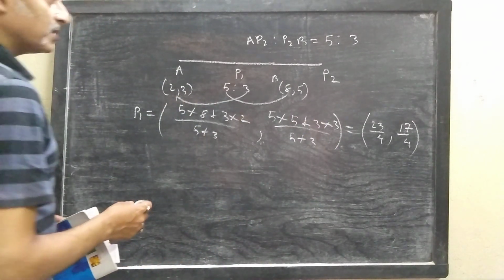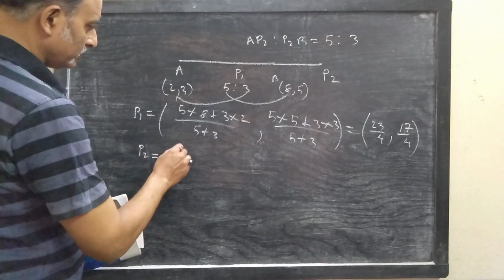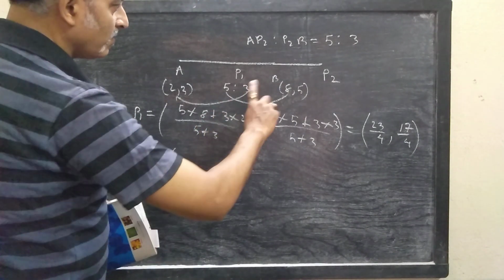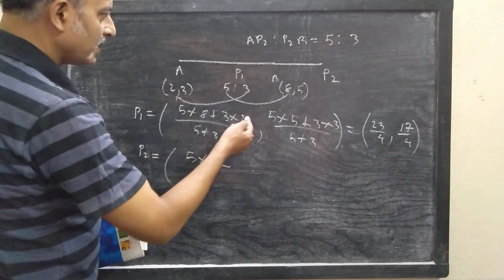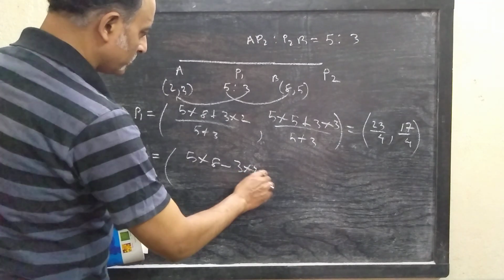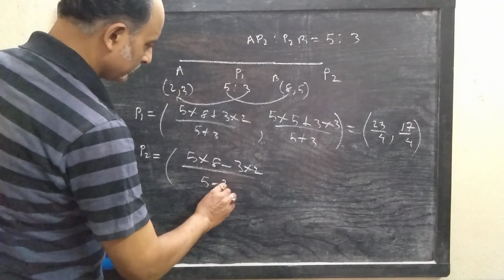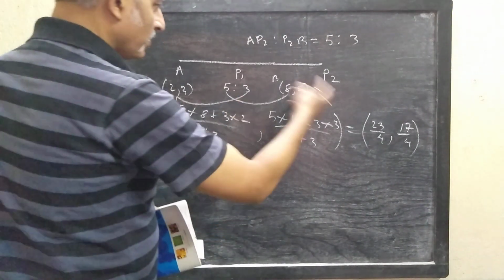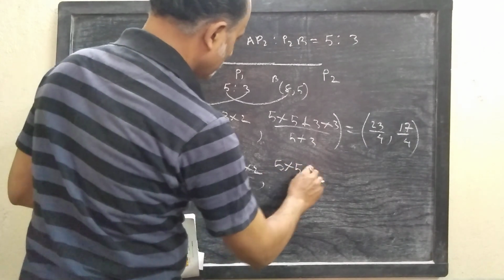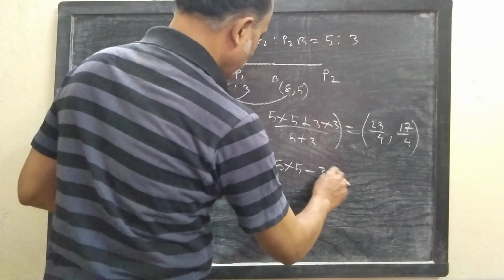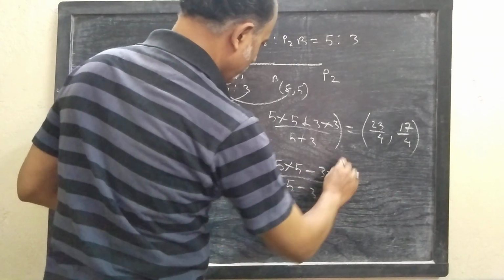Then what will be the coordinates of P2? P2 will be the same: m x2 minus n x1, 5 into 8 minus n x1, 3 into 2, by 5 minus 3, comma m y2, that is 5 into 5 minus n y1, 3 into 3, by 5 minus 3.